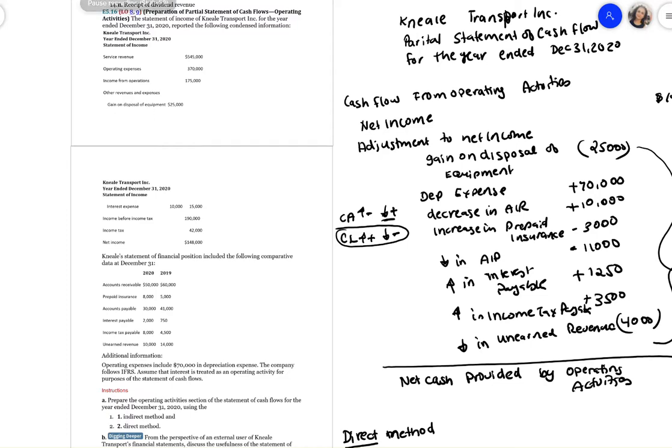So the gain on disposal of equipment, we don't need to deal with it. The next one we needed to deal with is my interest expense. The interest expense is 10,000. We needed to connect that interest expense to the interest payable account. Those are the two accounts we're connecting.